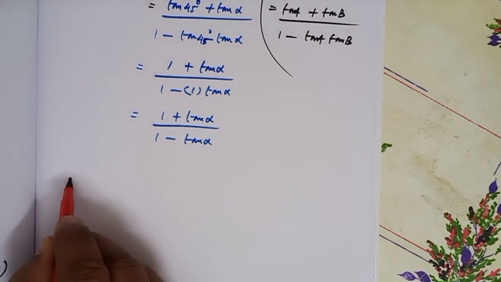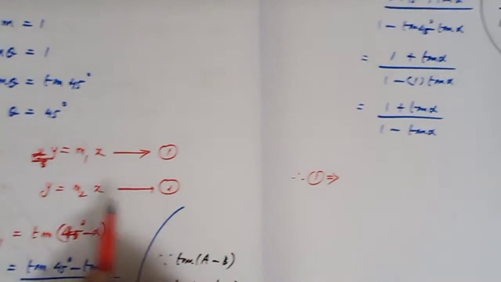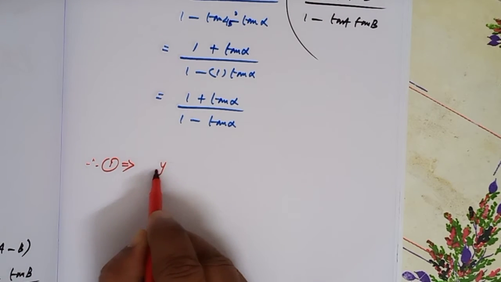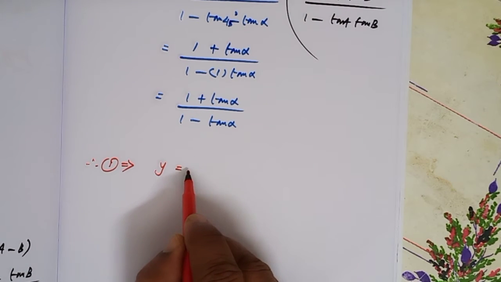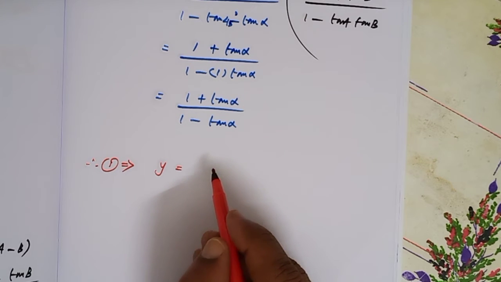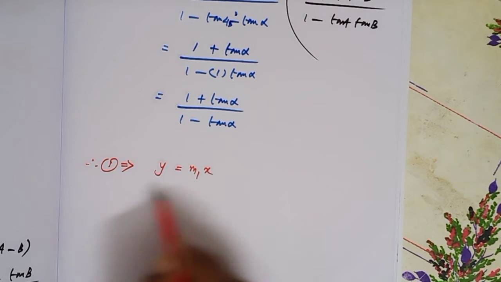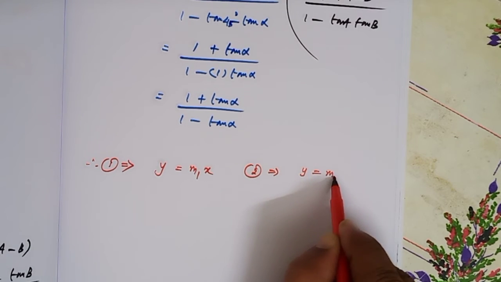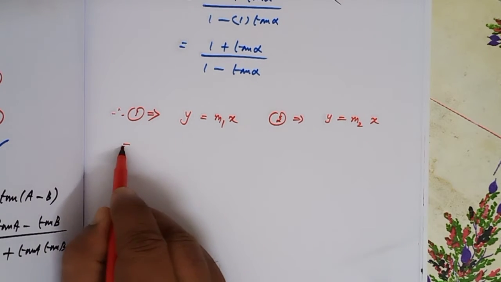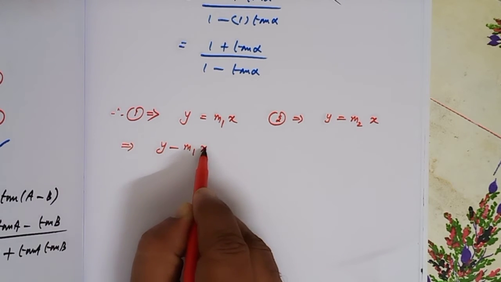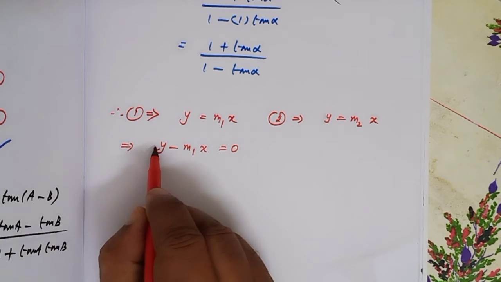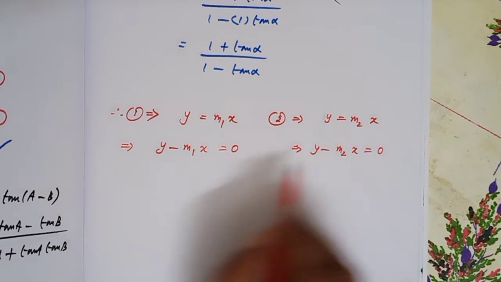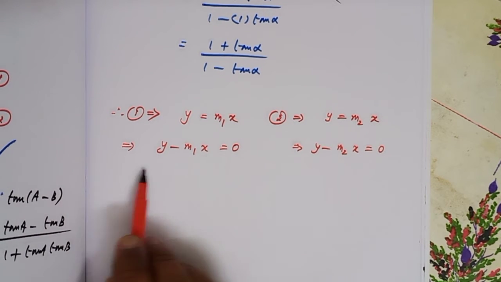Therefore equation 1 is y equal to m1x, and equation 2 is once again y equal to m2x, which implies y minus m1x equal to 0. I have taken m1x to the left hand side. Here y minus m2x equal to 0. Now we have the two separate equations.